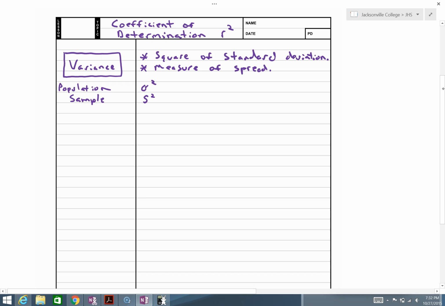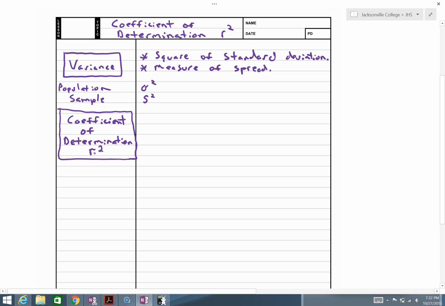Coefficient of determination. R squared, and sometimes you'll see this capitalized, sometimes it's lowercase, doesn't really matter.